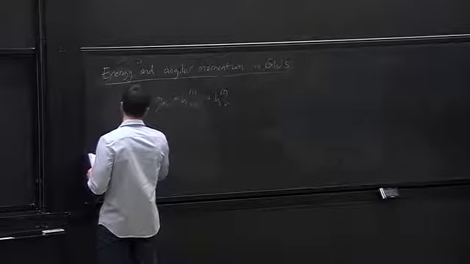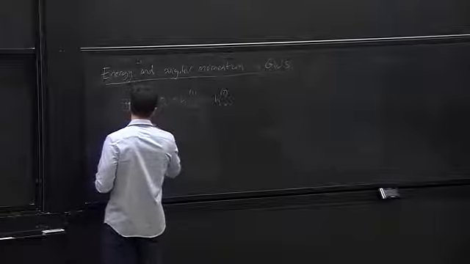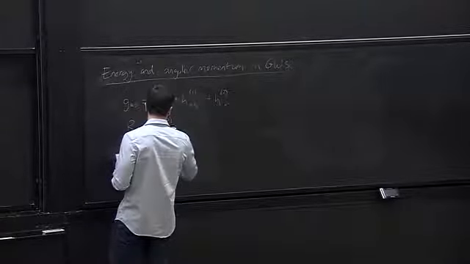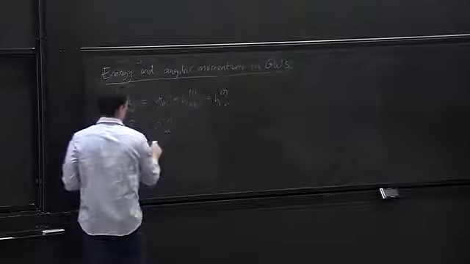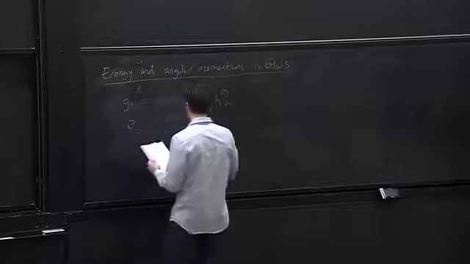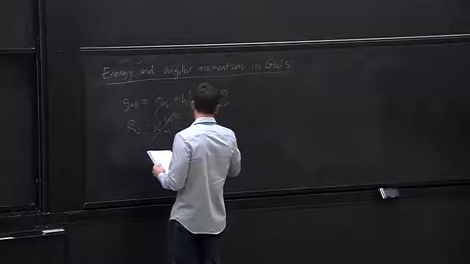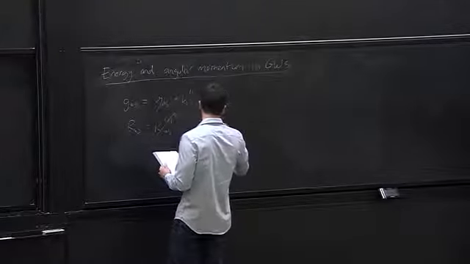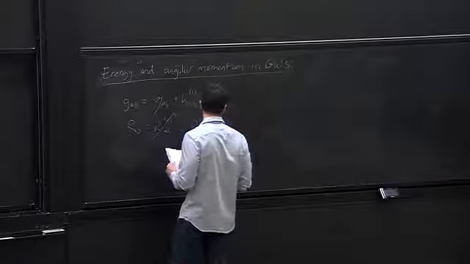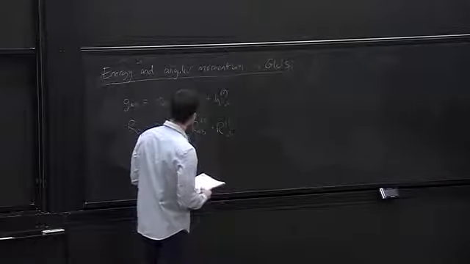We can similarly expand our Ricci tensor. The Ricci tensor of the background metric will just be 0 by construction. And then we'll have a first order and second order contribution.